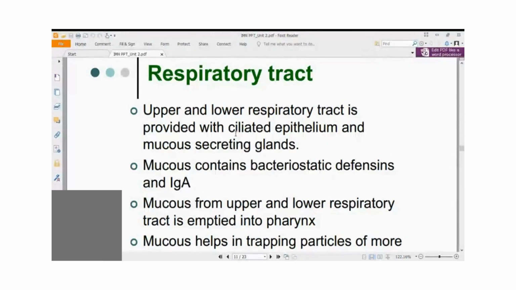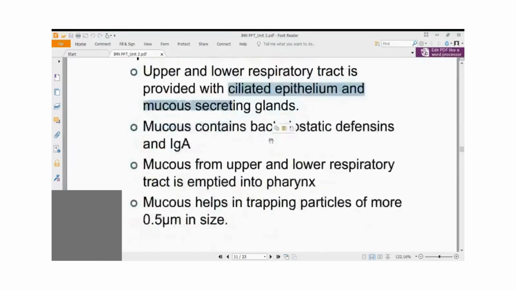The second function of the mucus, which is there in the upper respiratory tract, that is in your nostrils, as well as the lower respiratory tract, is to trap the dust particles that enter the respiratory tract. Dust particles larger than 0.5 micrometers are trapped on the mucous surface of your respiratory tract, that is in the nostril as well as in the trachea and the bronchi.